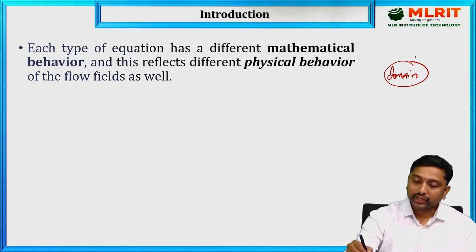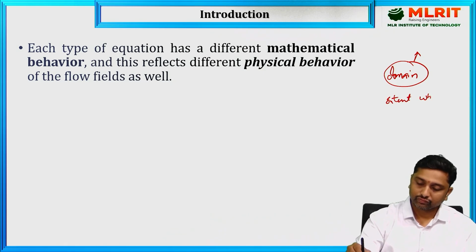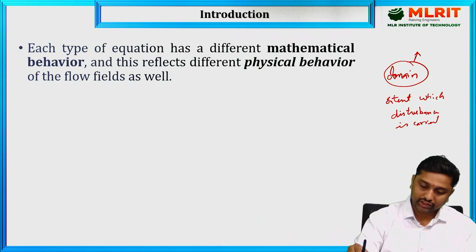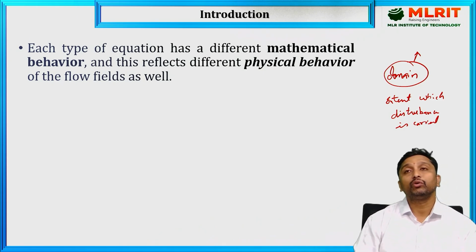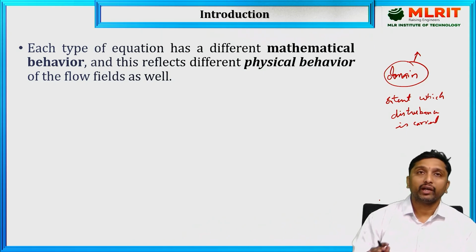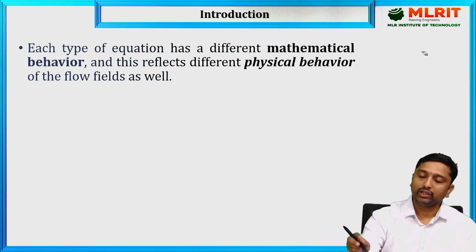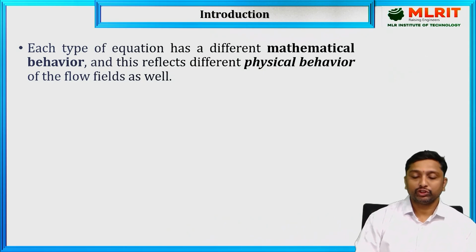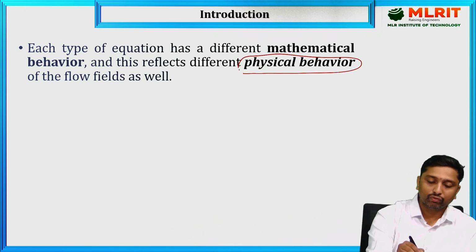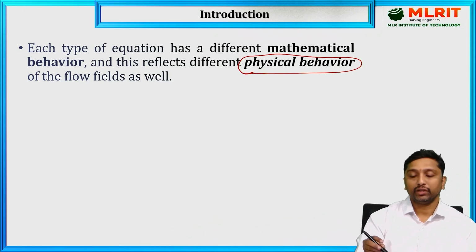So unless I understand the extent to which the disturbance is carried out in the fluid domain, I cannot develop the domain itself for the analysis. So identifying the behavior of the fluid is the foundation step to understand the dimensions of your domain, which is purely dependent on the behavior of the fluid under the given conditions.